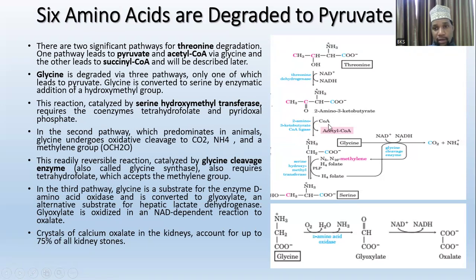This CoA is coenzyme A, and it is a way of, for example, activation. So any reaction where this is attached is mostly an activation reaction, making the molecule a high energy molecule. So in this case, it facilitated the breakage of this group because this CoA is attached here.